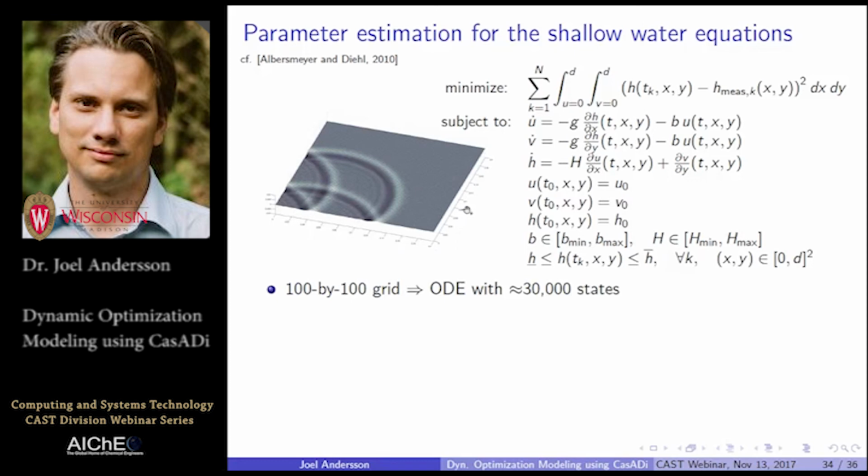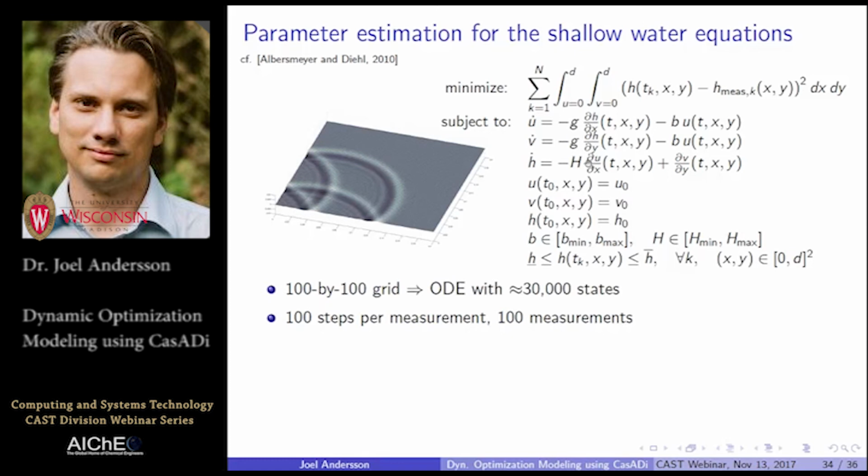To demonstrate the method, we discretize this on a 100 by 100 grid. So instead of this PDE, we use the method of lines to get an ODE with, for each of these components, about 100 by 100, so 10,000 times 3, 30,000 ODE states.